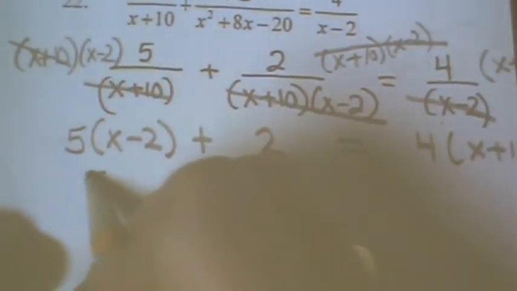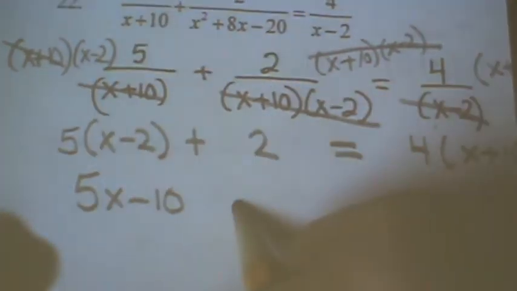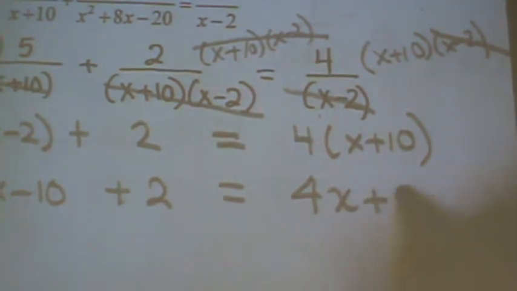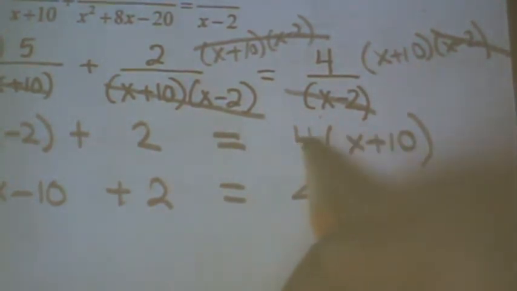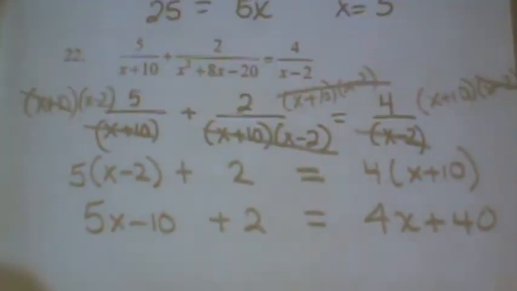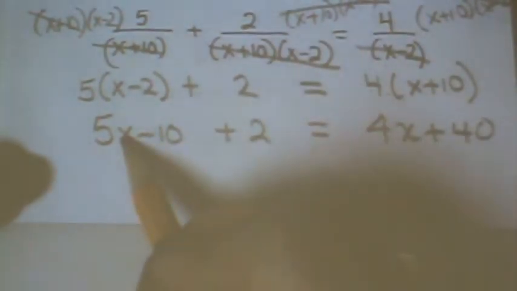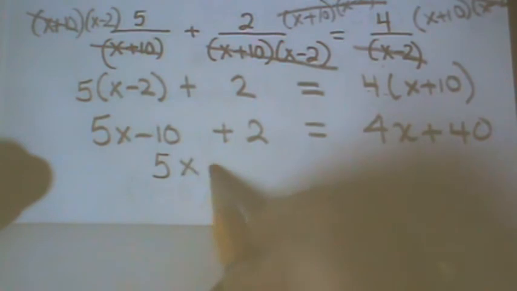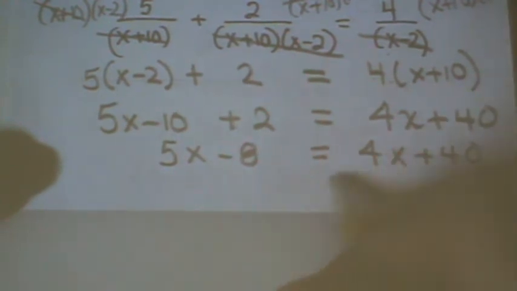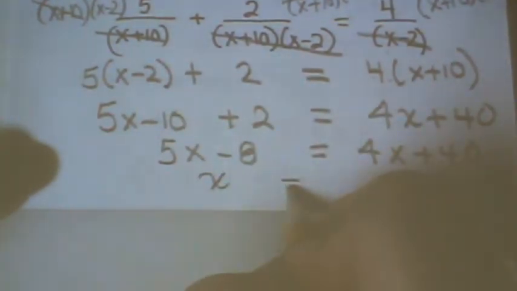We're going to distribute. You have 5x minus 10 plus 2 equals 4x plus 40. A lot of people forget to distribute that. Now we're going to simplify. 5x minus 8, subtract 4x and add 8.